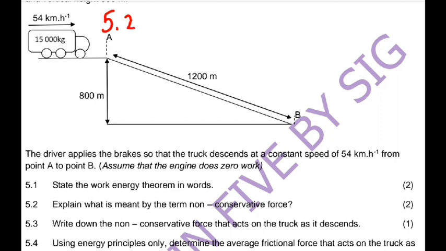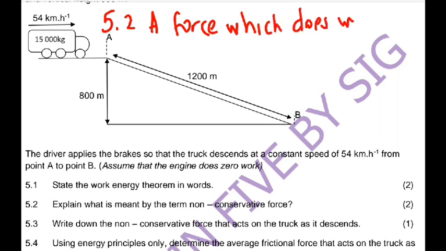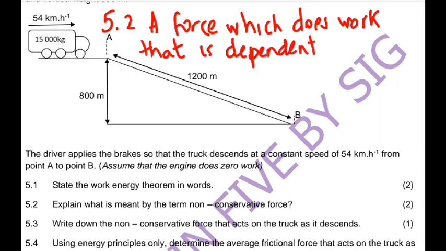Okay, so basically a non-conservative force is a force which does work that is dependent on the path taken.